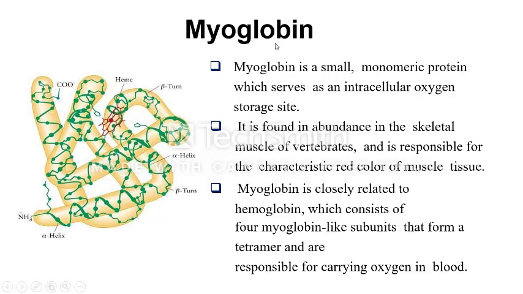Myoglobin we already discussed in our previous lecture, in very detailed discussion. So we don't need it here. Just want to tell that myoglobin is basically made up of alpha helix and beta turns. This is a beta turn. You can see an alpha helix mainly.